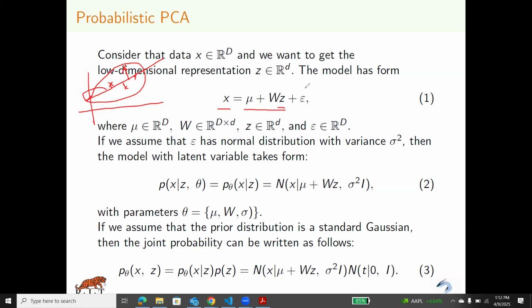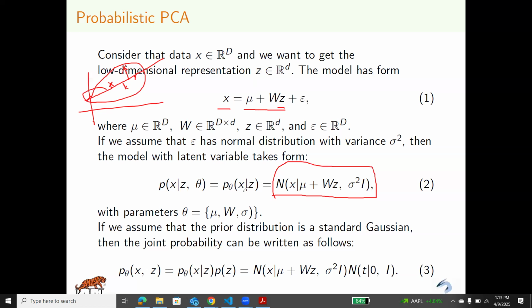But now we will assume that there is also noise. And if this noise has zero mean and variance sigma squared, then we will have the following model: our data points have this mean, mu plus the reconstruction of the latent variable, and the variance sigma squared.